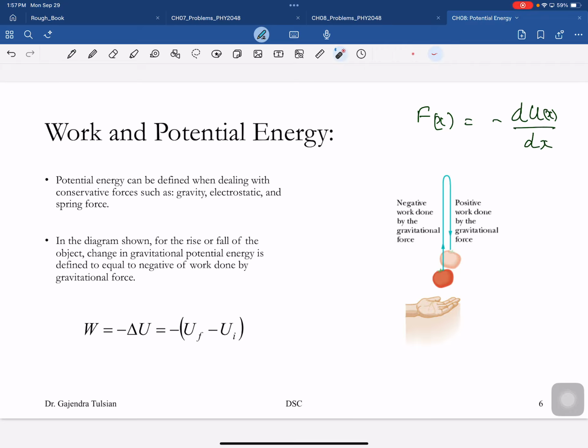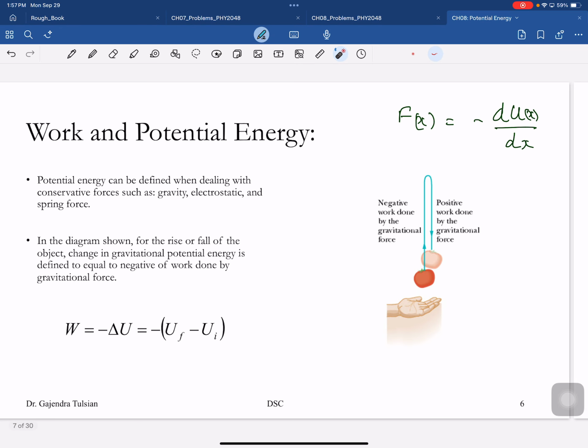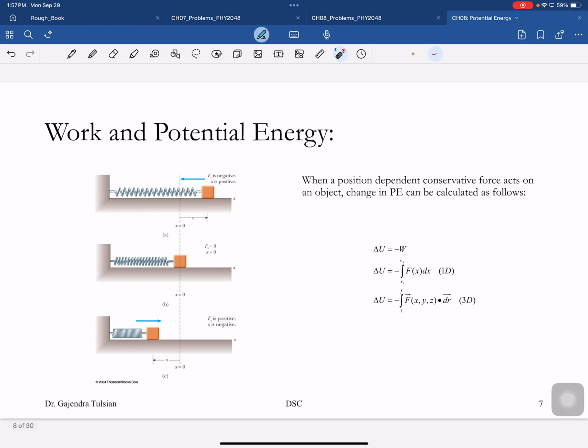Here's how the conservative force and the potential energy are related. So the work done. Here in the slide we've written change in potential energy. I'll write it like so.